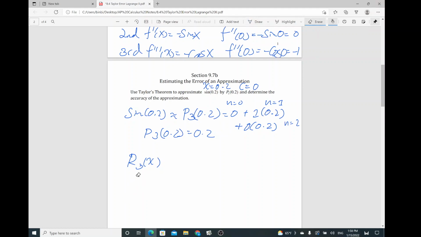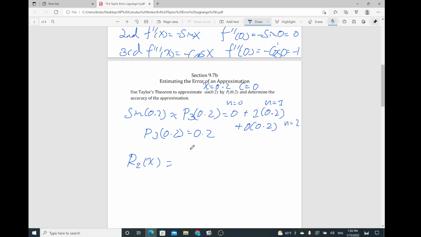So this one is supposed to be r sub 2 of x, because you need the derivative for the next term and n equals 2.